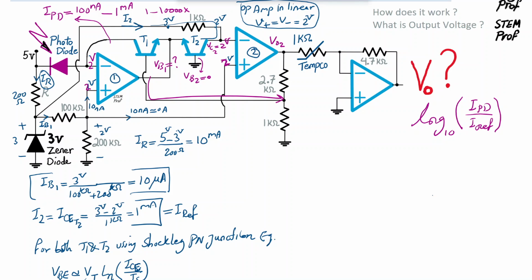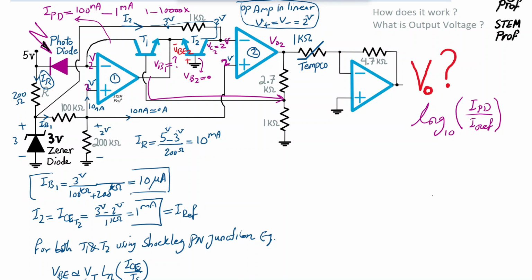I just need to write a KVL starting from, so I'm going to change the color. If I go with the red color, I think it's clear. Starting from the base and then going this route, so base emitter. Basically what I'm doing is going through plus minus voltage of base emitter of transistor 2.